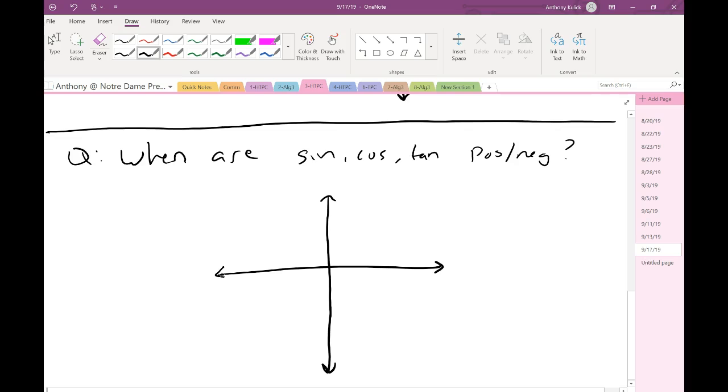Let's think about where the terminal side of our angle is going to lie, and that should tell us whether these are going to be positive or negative. In the first quadrant, any point is going to have a positive x-coordinate and a positive y-coordinate, correct? In the second quadrant, we have a negative x-coordinate, but a positive y-coordinate. In the third quadrant, we have a negative x-coordinate and a negative y-coordinate. And in the fourth quadrant, we have a positive x-coordinate, but a negative y-coordinate.